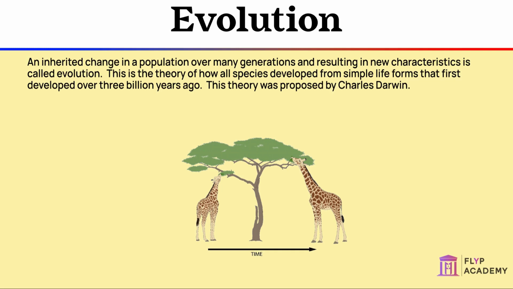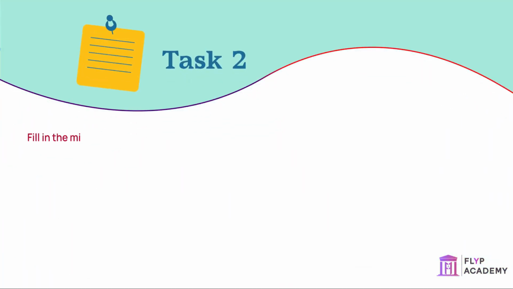Therefore, these giraffes would have been healthier and would live longer. This makes them more desirable as a mate and more likely to live long enough to reproduce. These longer-necked giraffes would have passed on their genes to their offspring. This would happen repeatedly over many generations until all of the giraffes had long necks, and those with short necks would have died out. Task: fill in the missing words.